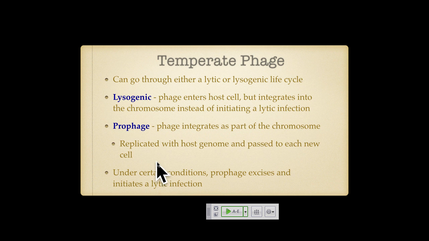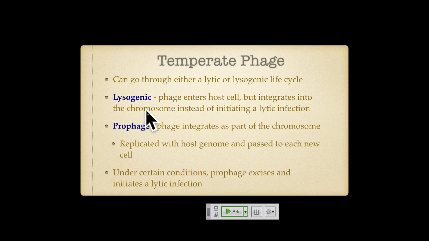Temperate phages, in contrast, have a choice. They can be lysogenic or they can be lytic. The lysogenic is very much like those episomes. Instead of making new viral particles after infecting the cell, it just inserts its genome into the host genome and, very importantly, shuts down expression of all the viral genes.